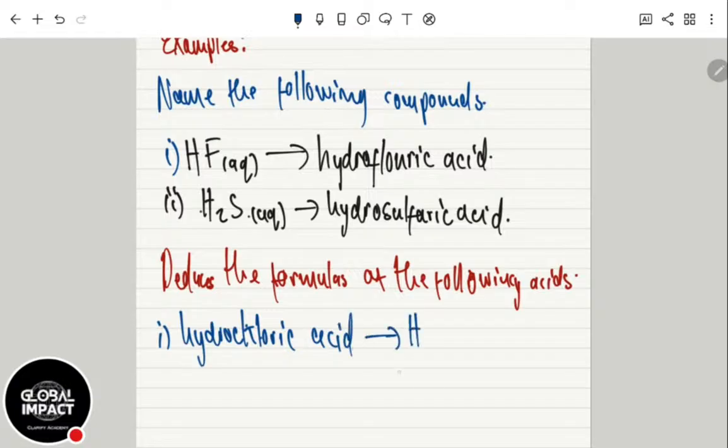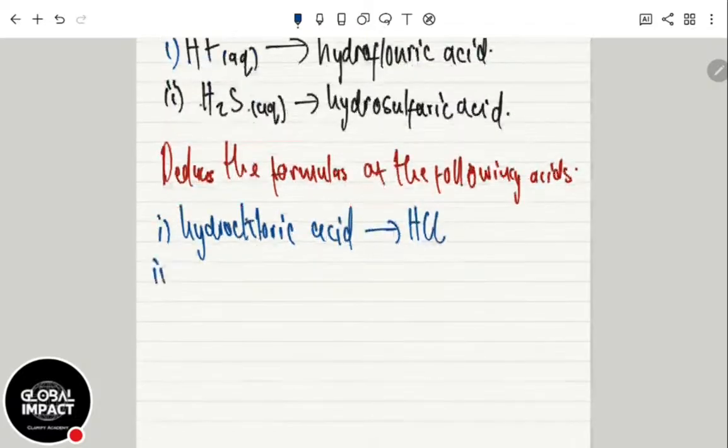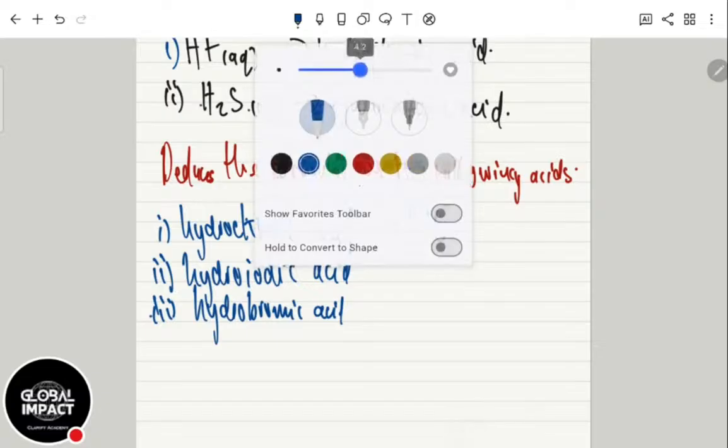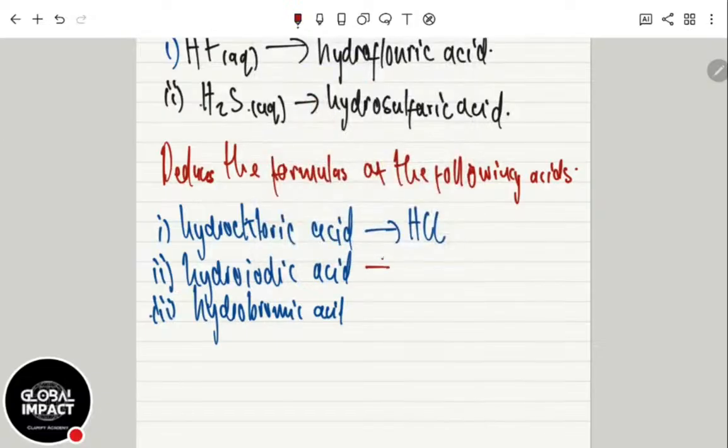Hydro H, as I say, then chloric acid Cl. Then here we have hydroiodic acid HI, and hydrobromic acid HBr. Here we have the binary acids and we are done.